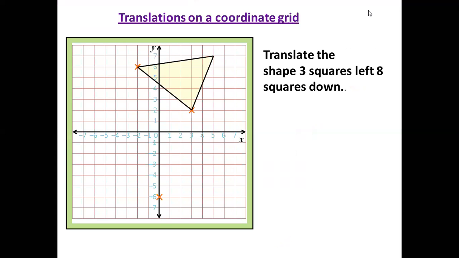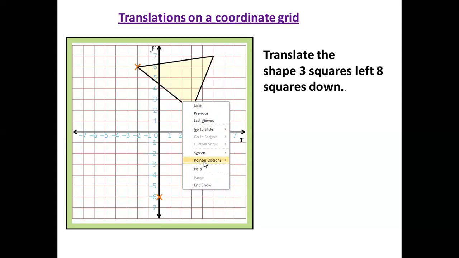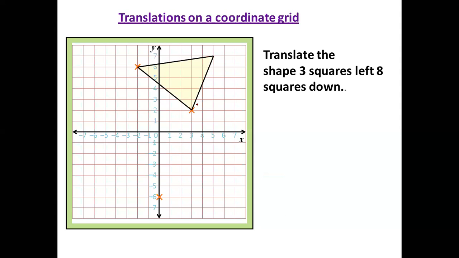Guys, here translate the shape 3 squares to the left and 8 squares down. Look at the triangle. What are the vertices of this triangle? This point. So I will slide this point of the triangle. How many units?